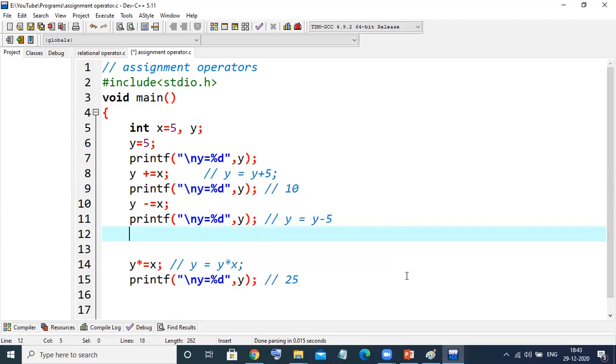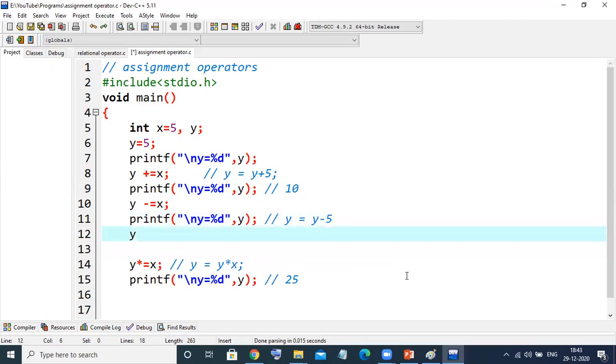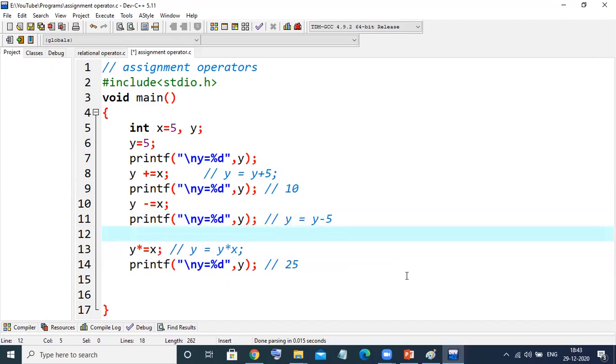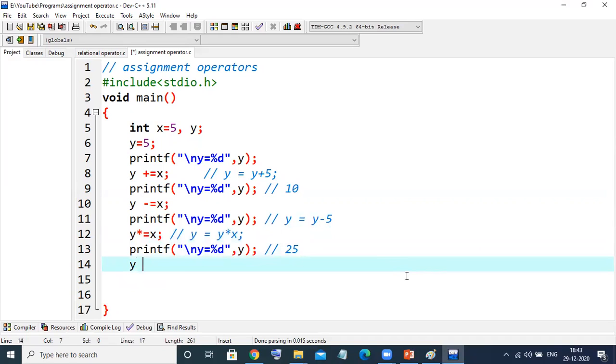Again, now if I take this expression, y division equals to x. It stands for y equals to y divided by x.